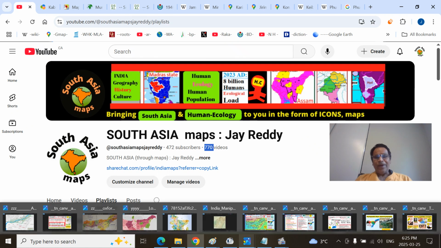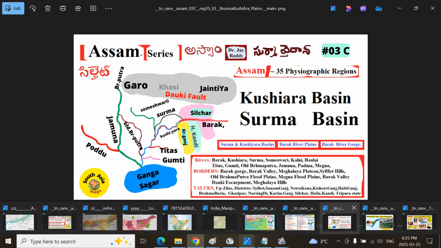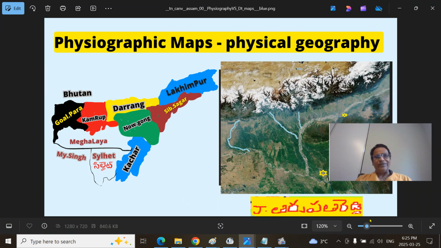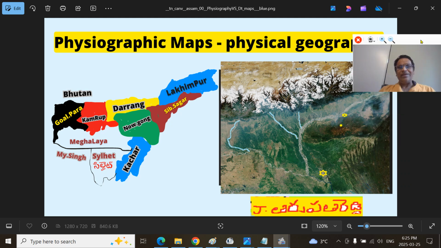Why this is very, very important, not only from a geographical point of view, but from the partition point of view also. Physiographic maps, eastern side or right hand side, compared to the normal administrative political maps. This is the Assam province, 7 or 8 districts, Goalpara, Kamrup, Darang, Lakhimpur, Sibsagar, Naugang, Kachar, Sylhet and Meghalaya. Purbi Bengal, that is the Mashriki Bengal, Mymensingh, Dakeshwari, Naukhali, Koppe, Tripura, Komil and all those areas.